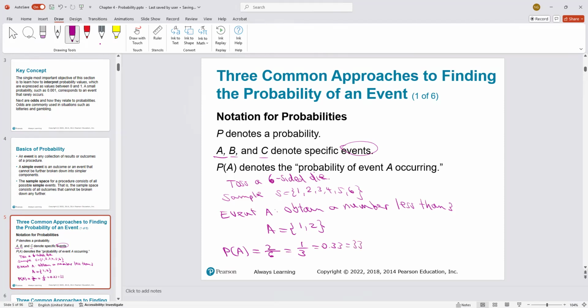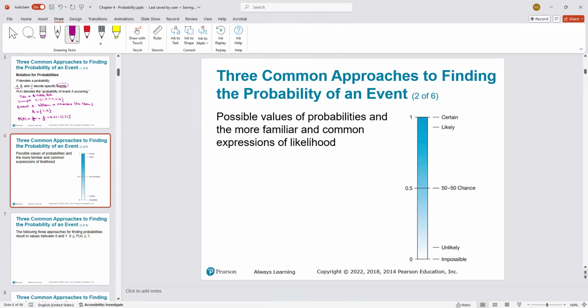You can express it as a fraction, a decimal, or a percentage. So you see here, P denotes probability, and A, B, C, D, or we can call it E also, are all events. P of something, P parentheses with the capital letter, is the probability of A. So it is very important to see that.